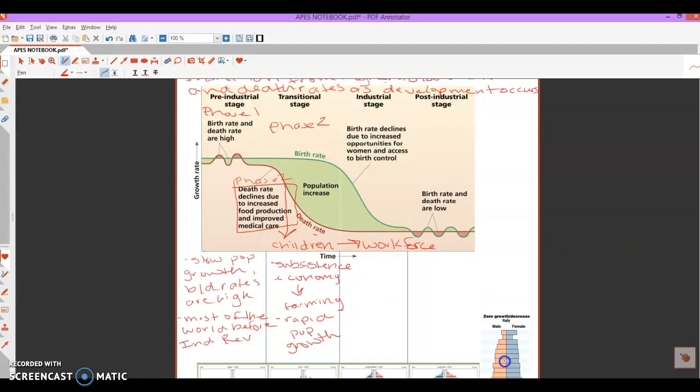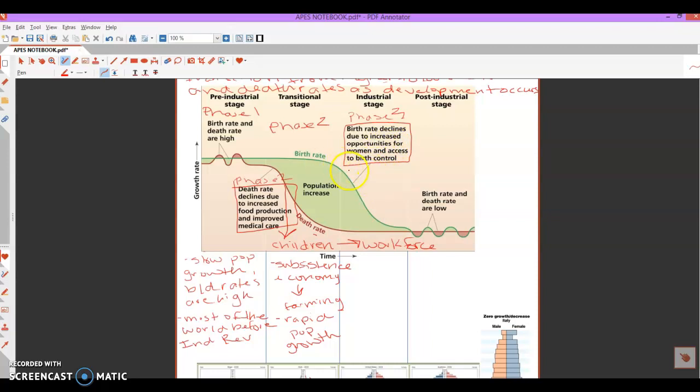Our next phase is the industrial phase. This is where a lot of countries are currently before they become completely developed. All right, so the industrial stage is phase 3. All right, birth rates, right here. Birth rate declines due to increased opportunities for women and access to birth control.